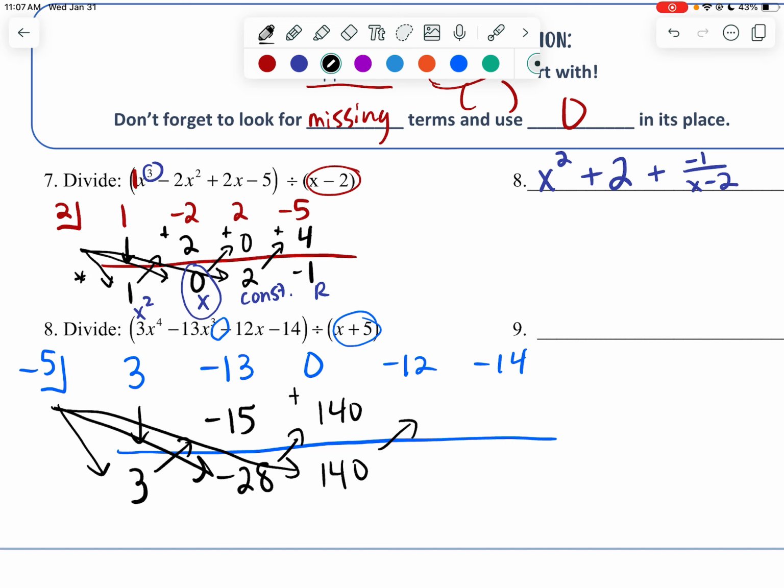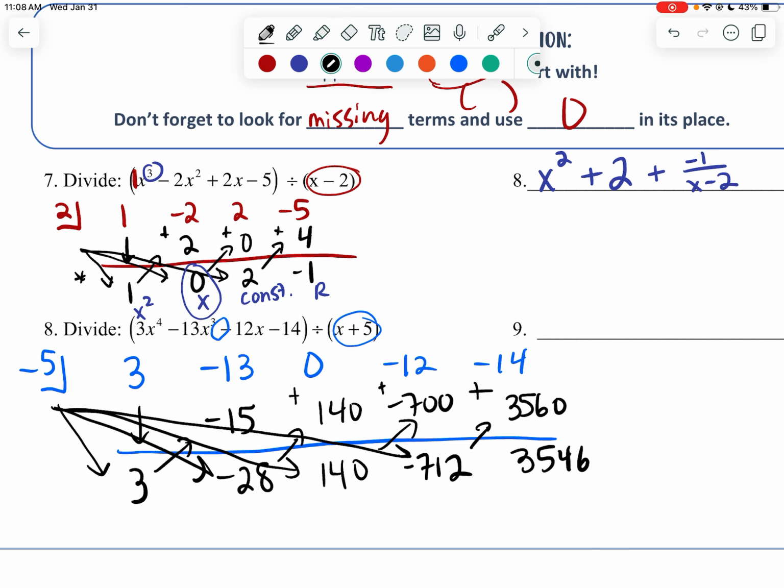And 140 times -5 is -700. Add down, that's -712. I know these are big. -712 times 5, I'm just doing this in my calculator, is 3,560, and then we're going to add those. So I get 3,546. Okay, I know those are big, but the idea is still the same.